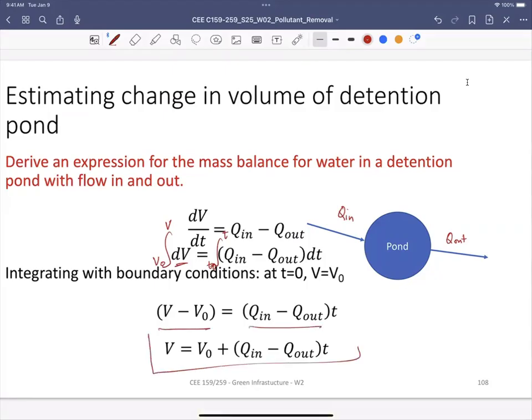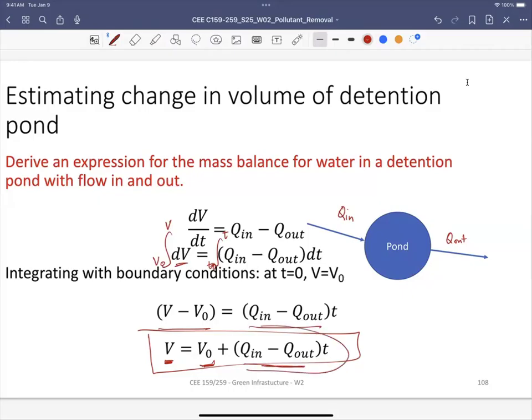So what that means is you can use these equations to predict the change in volume, or the amount of water in the system, at any time. The amount of water in the system at any time is equal to the amount of water that was there before you start counting or estimating, plus the difference in flow rate times the time.